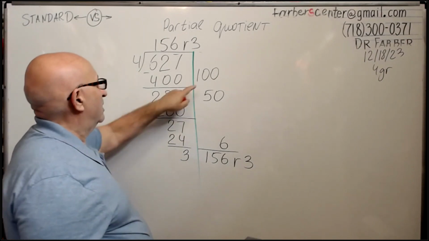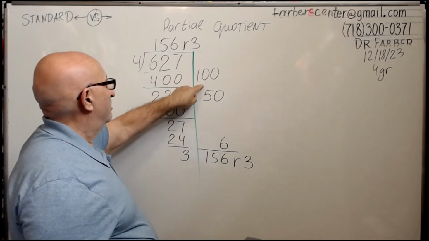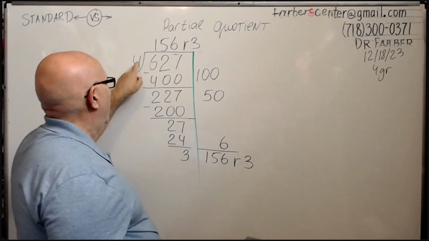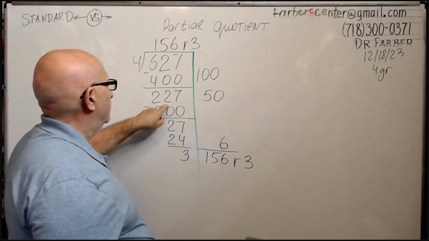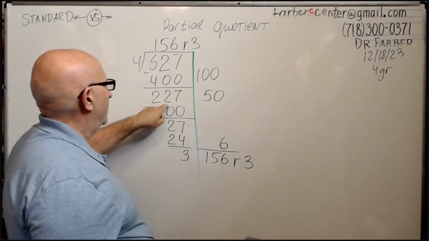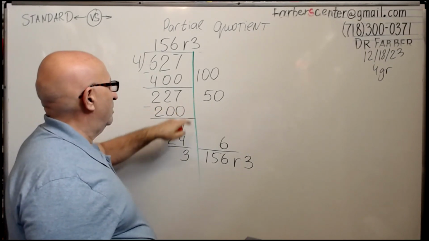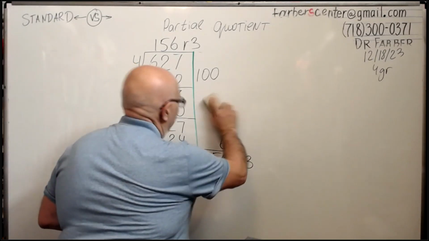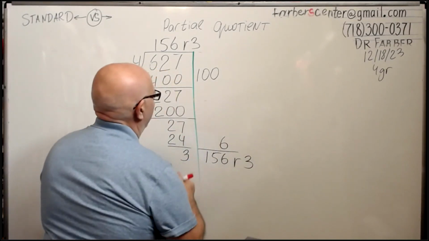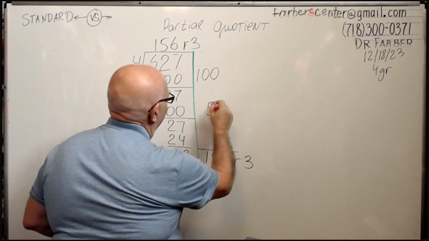Now, when I choose this convenient number, I multiply by 4, I get 400 and subtract. When I get 227, I have to think about the next step.